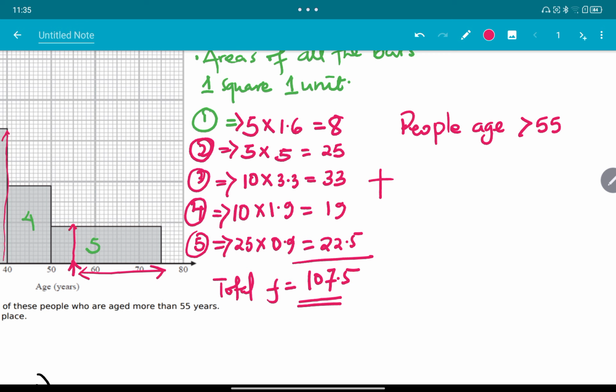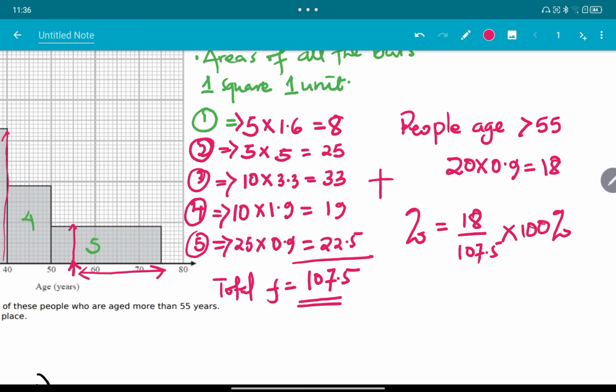It is 20 times 0.9, that gives us 18. To get the percentage, it will be 18 over 107.5 times 100%.